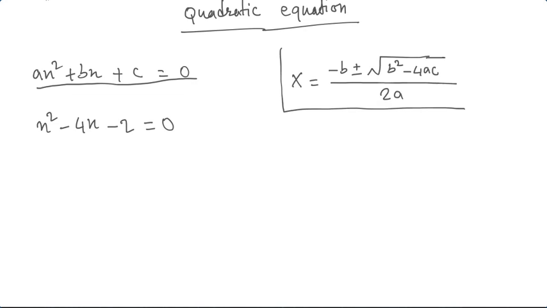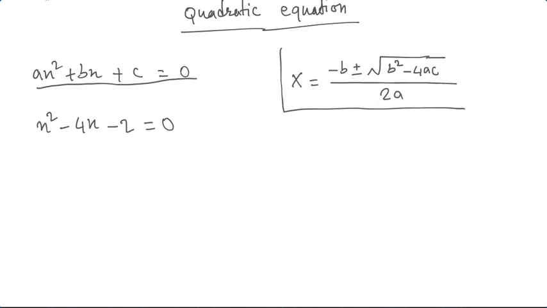We can also solve the quadratic equation in another way, which is called completing the square. We'll see that later, but first we are going to solve this equation with the help of this formula. And here we have x squared minus 4x minus 2 is equal to 0.